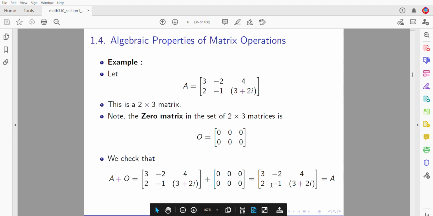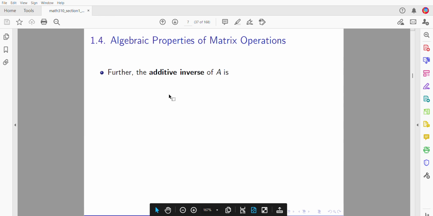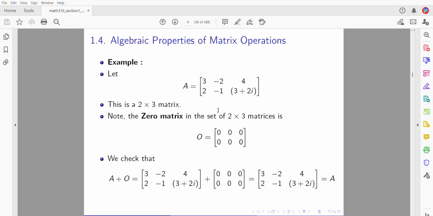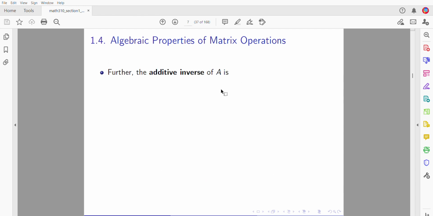Okay. What about the additive inverse of A? The additive inverse of A is negative A, full of changed signs. Let's go back to A. Wherever you have negatives, become positive. Wherever you have positives, become negative. So remember, the middle column is negative. The middle column now is positive here.